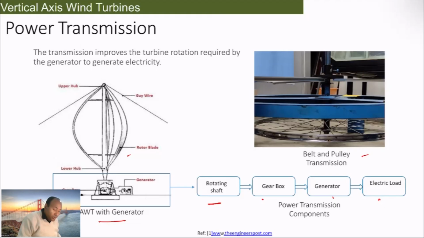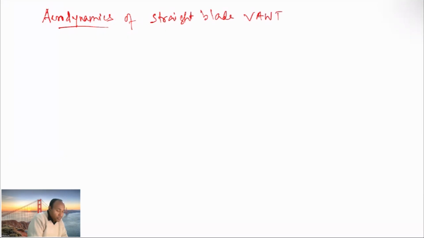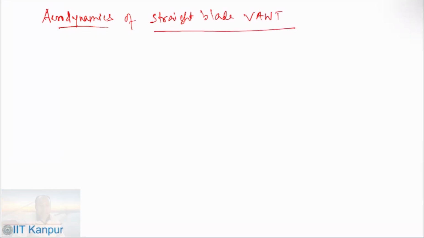That means what we are going to look at is the aerodynamics of, let's say, a straight blade vertical axis wind turbine. Okay. So we'll look at that and carry out the analysis in a similar way.